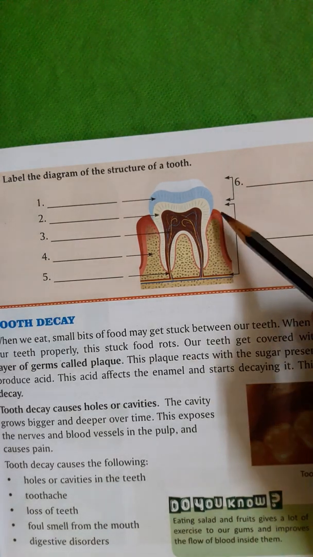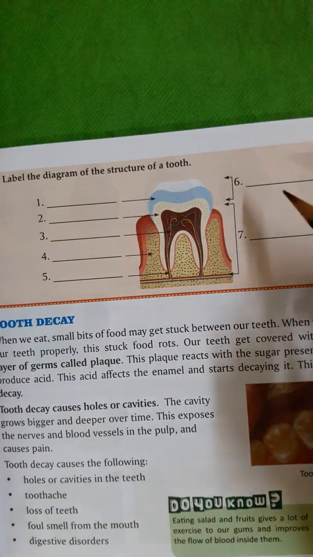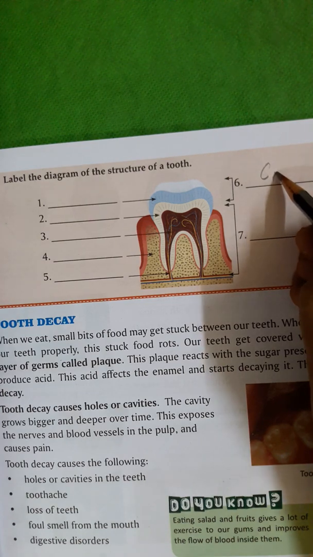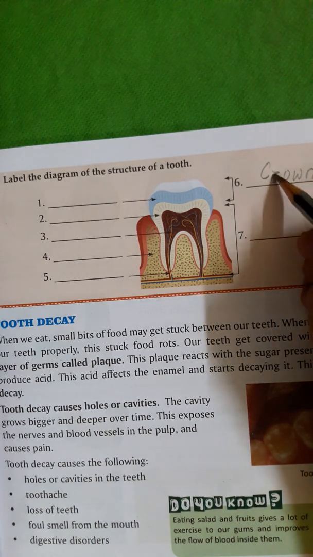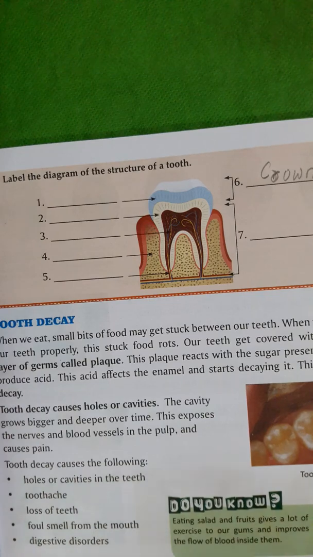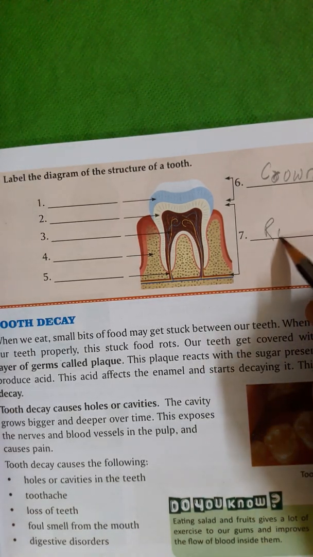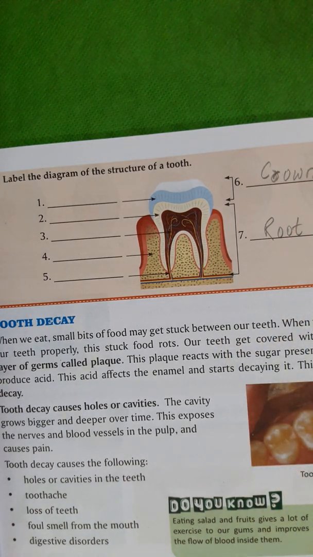The portion which is above the gum is known as crown, C-R-O-W-N. Next, the portion which is inside the gum is known as root.